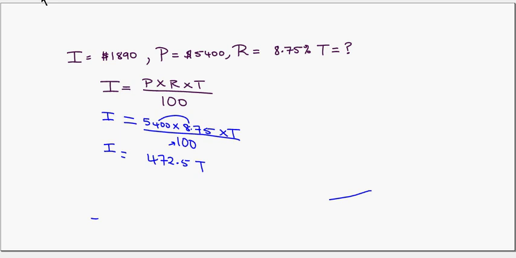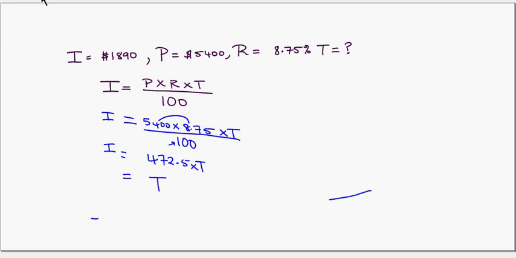Good? But we learned from all the examples we did, even if you never solved an equation before, by now you should know that when you're faced with this, all you have to do is divide both sides by that number. When you divide this by 472.5, this will cancel and you'll just have T on that side.